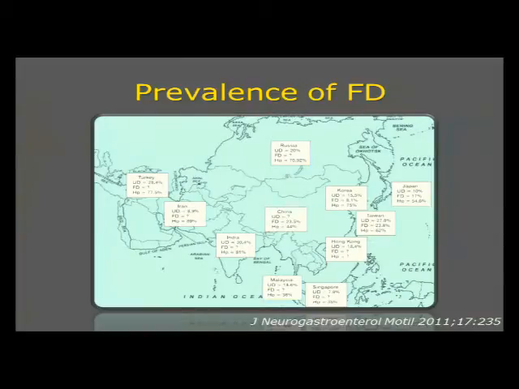Here is the prevalence of functional dyspepsia. In Korea, the prevalence is approximately 8%, in China and Taiwan approximately 23%, and in Japan approximately 17%.